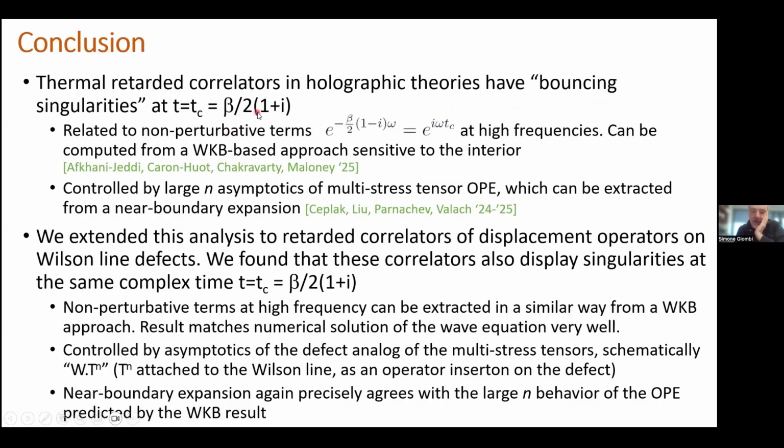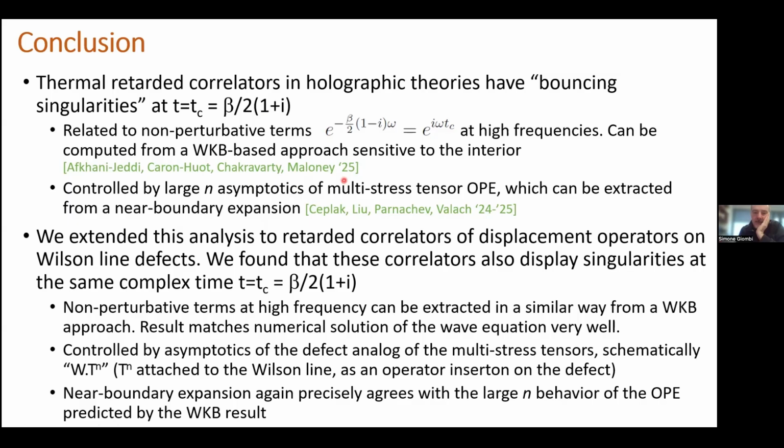And the singularities are, from a complementary point of view, controlled by the large n asymptotics of multi-stress tensor OPE coefficients. And the agreement between these two approaches, I think, is quite remarkable, because this approach only really cares about the near boundary expansion, but this approach actually involves solving a wave equation near the singularity and doing complicated analysis in there.